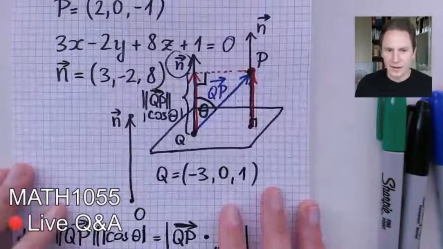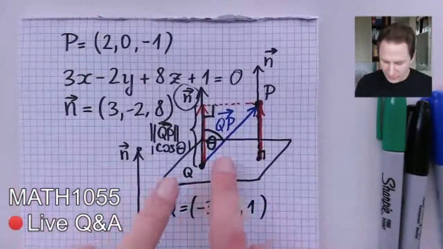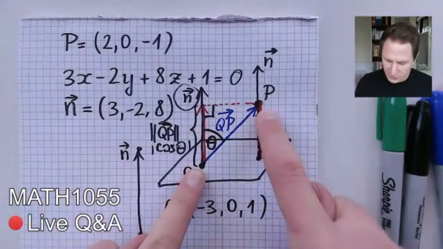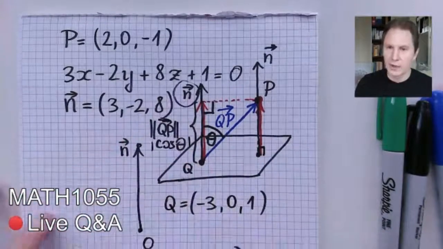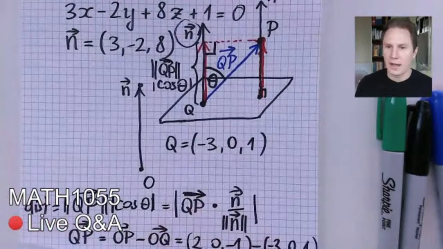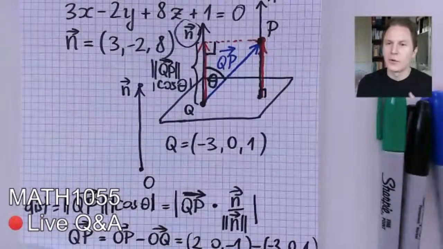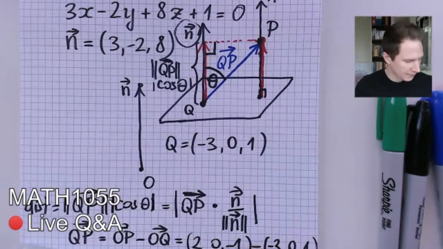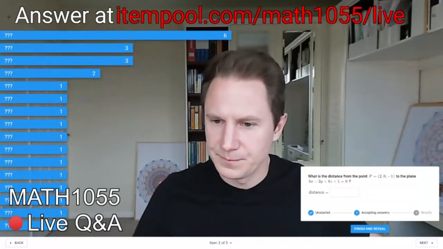The point is, we have found this distance by basically a projection of this vector QP to the normal vector n. Well, the normalized normal vector, meaning that we divided the normal vector by its length. Okay, so I hope that was clear. Well, more or less. You can always watch the video.